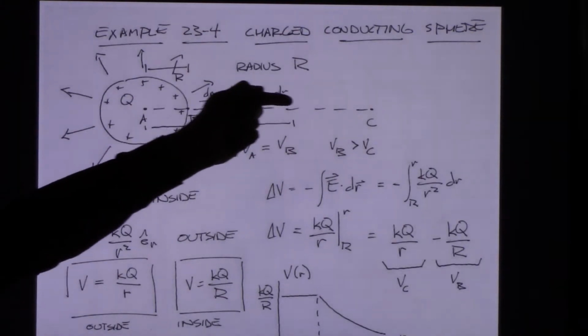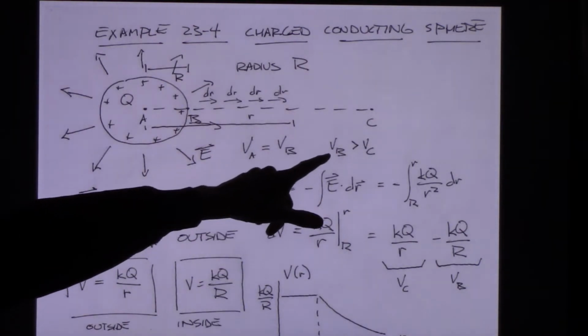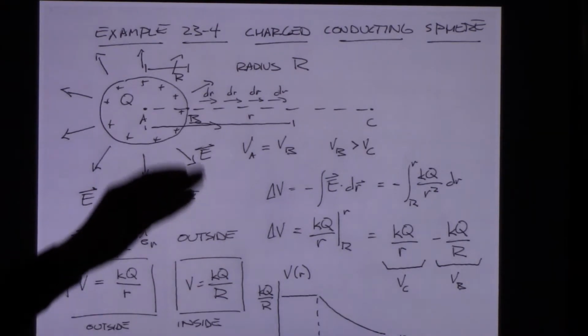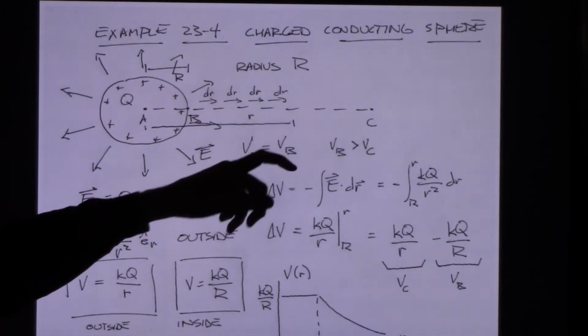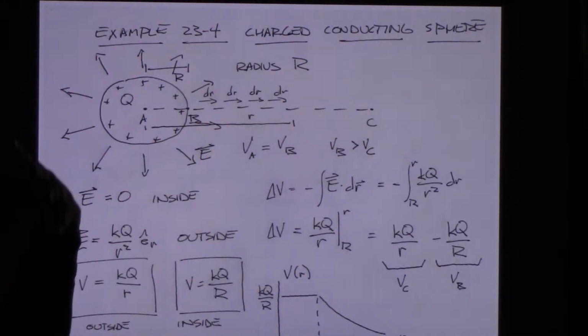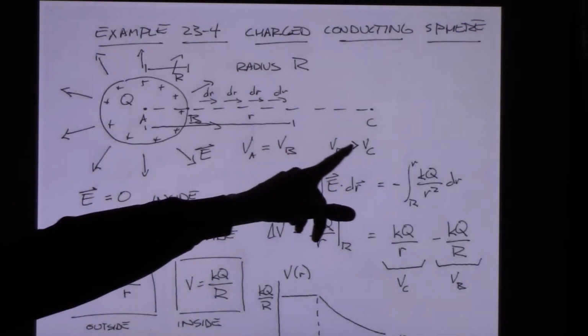Since we have electric fields directed from point B out towards point C, what we know is that the potential at point B is going to be greater than C. So again, this is our list of things that we can immediately write down just by our conceptual understanding of how electric fields and electric potentials work. If the electric field is directed outwards, that means it's directed towards lower and lower electric potential. As I get farther and farther away, the electric potential is going to drop off. So VB is going to be greater than VC.